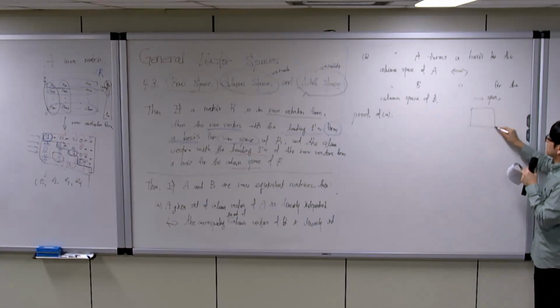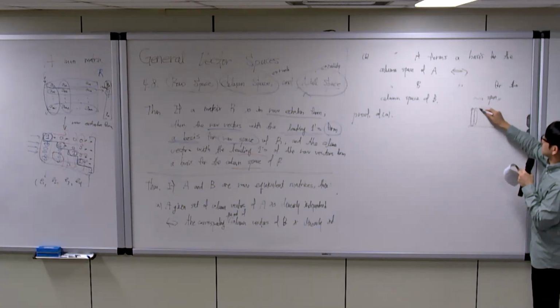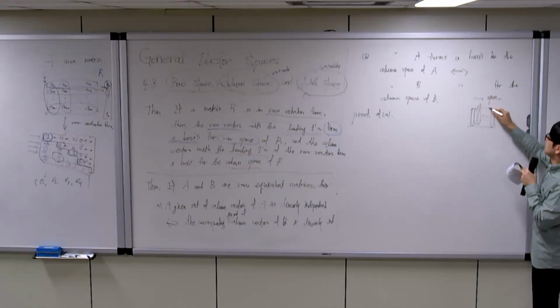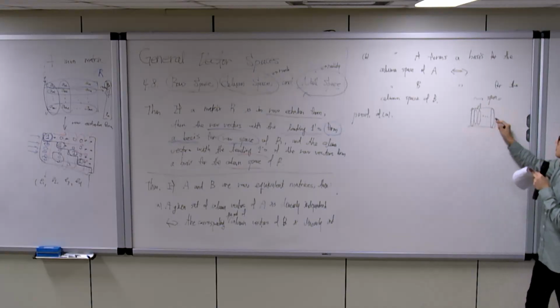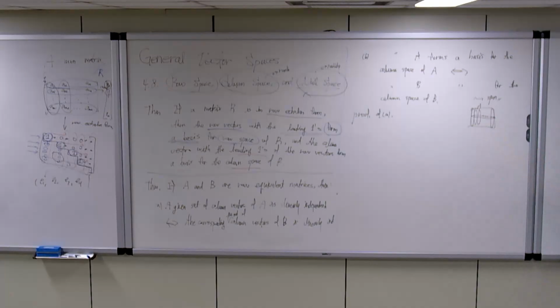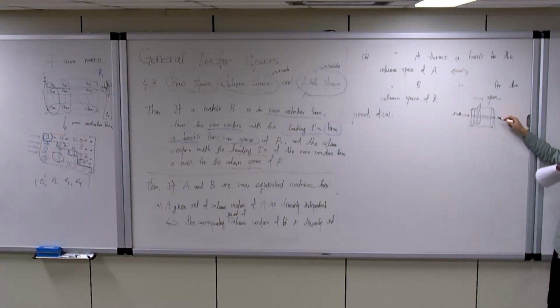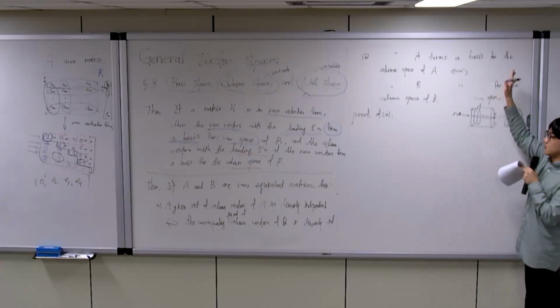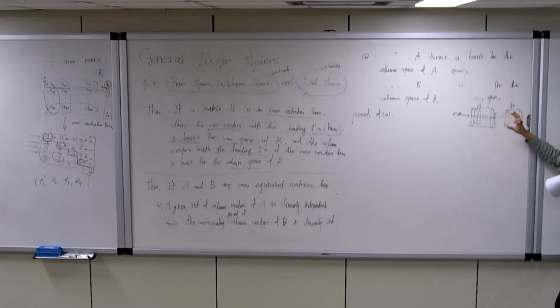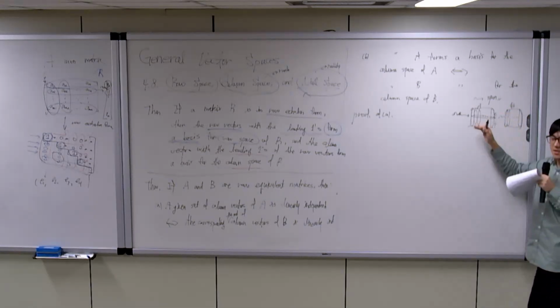When you see one column vector, it is a linear combination of entries.